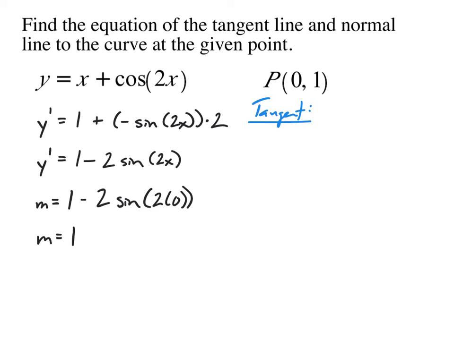We're going to go ahead and do y equals mx plus b, right? So I'm going to grab my y value, which is 1, equals the slope of 1 times the x value, which is 0, plus b. Therefore, b equals 1. And so y equals x plus 1. And we're done with the tangent line.